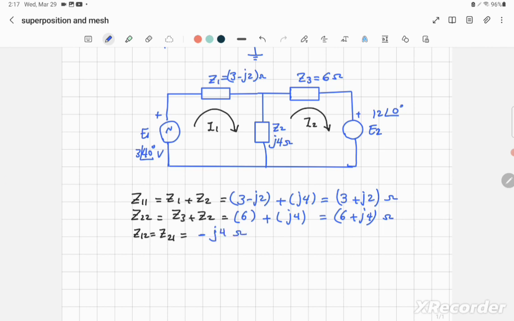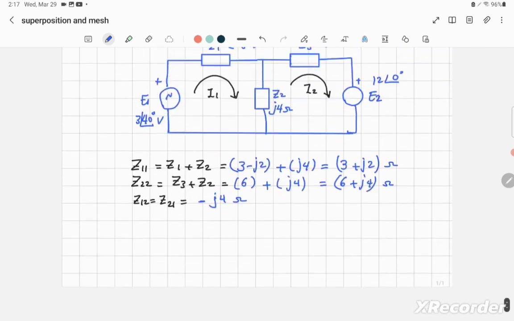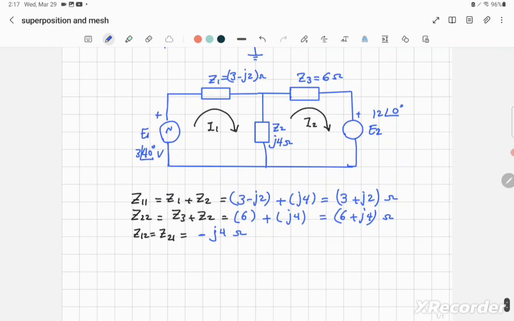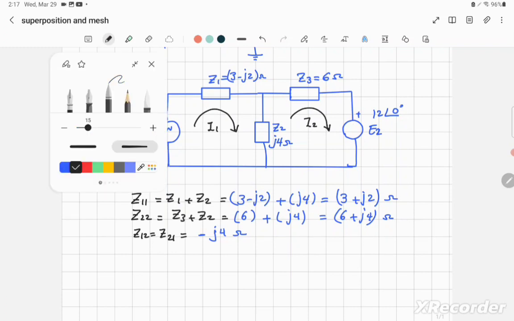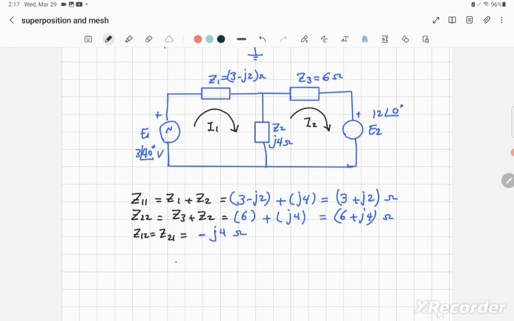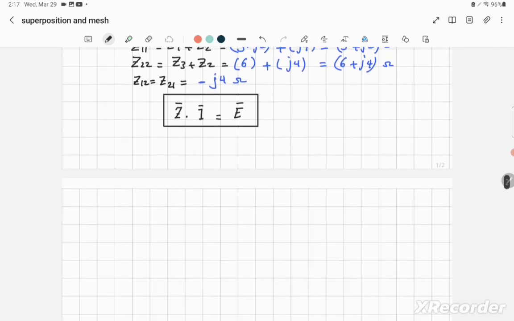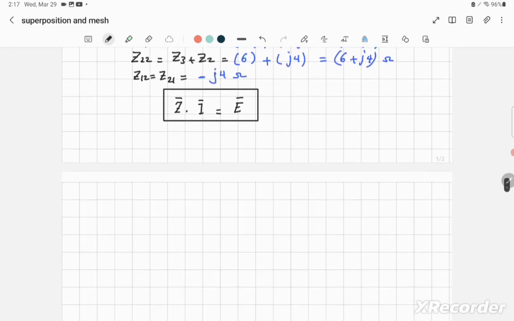You've got all the impedances, and we already have the voltages, so we start the matrix in the form Z times I equals E. So I'm just writing Ohm's law in matrix form. Z will be equal to Z11, the first element here, because this matrix is arranged 1, 2, 1, 2.